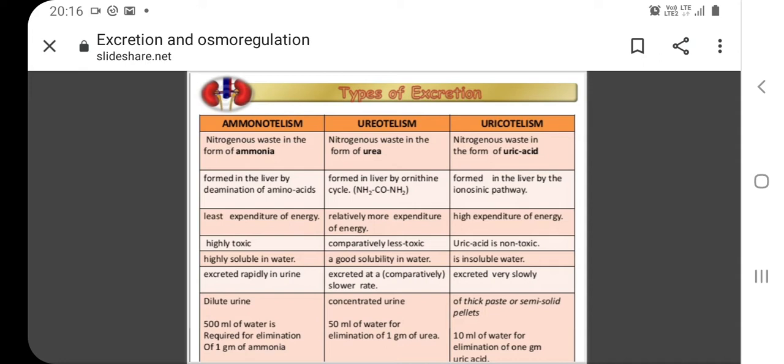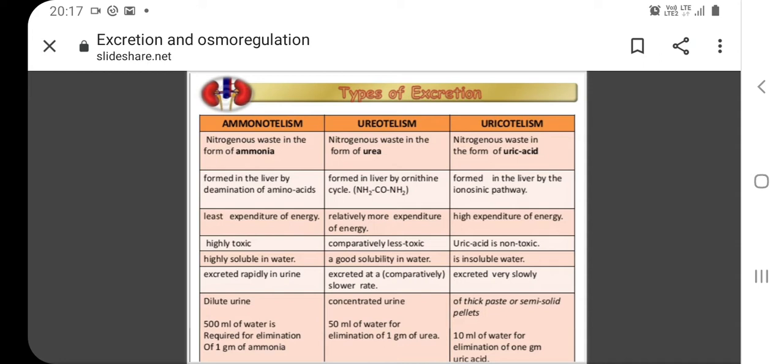That is, the energy required by this process is minimum. Ammonia is highly toxic. Ammonia is very soluble in water. It is excreted rapidly by urine.